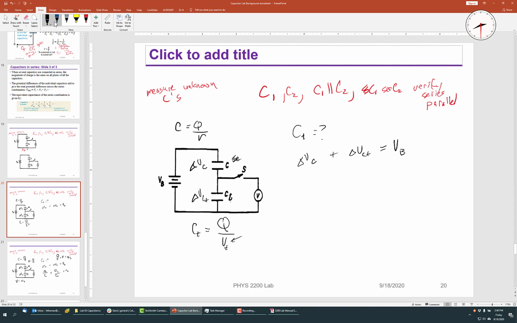Just like in doing the series calculation, this could be Q across C over C itself plus Q across C-test. It's the same Q because they're in series, and that equals Q over C equivalent, the total.